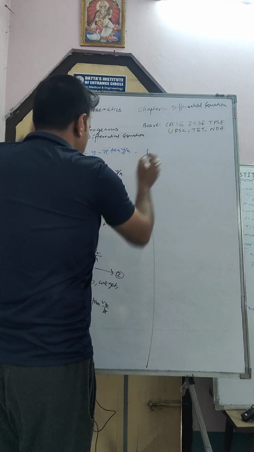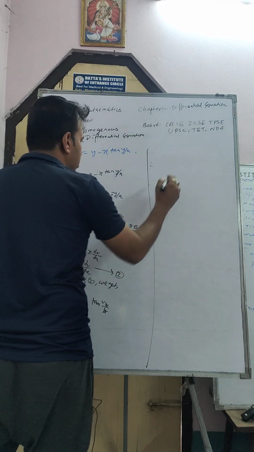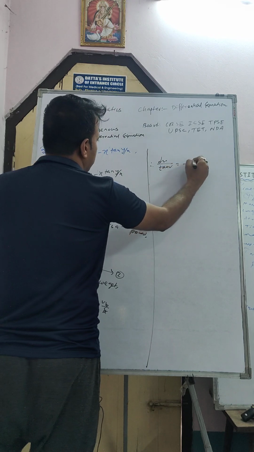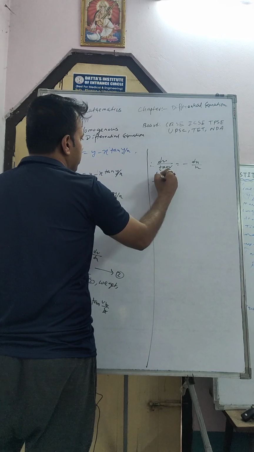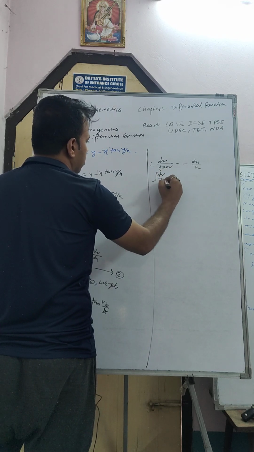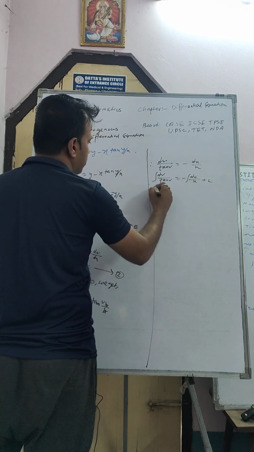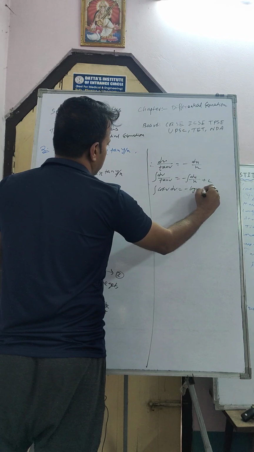Okay, now come here: dv by tan v equals minus dx by x. I take integration here: the integral of dv by tan v equals minus the integral of dx by x plus c. It becomes the integral of cot v dv equals minus log x plus c.